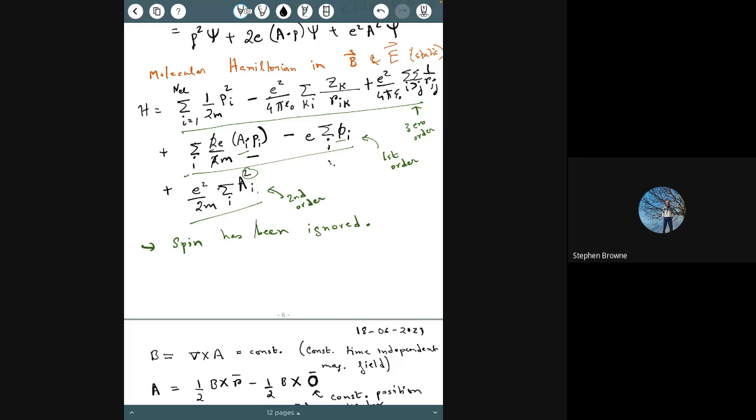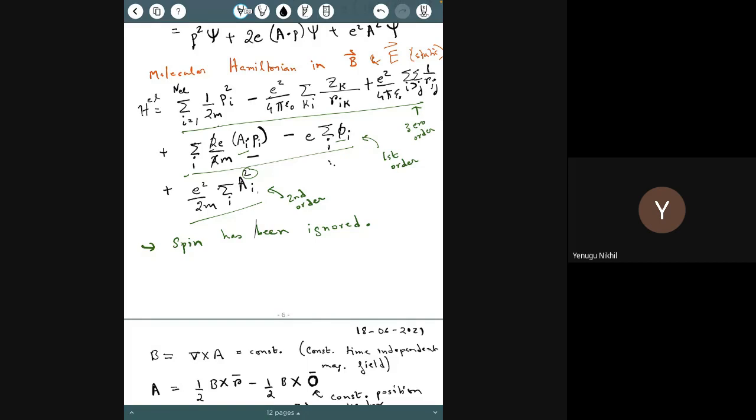So you have the kinetic energy of the electrons. This is the electronic Hamiltonian. If it was the molecular Hamiltonian, you would also have the kinetic energy of the nuclei and the repulsion between the nuclei. So those two terms would be extra here.